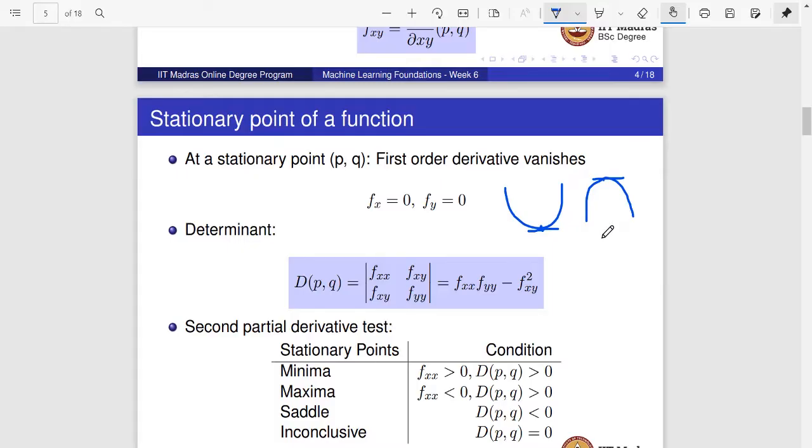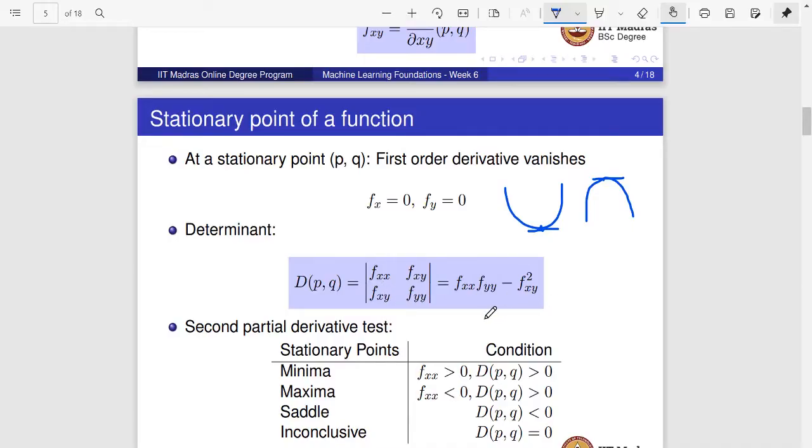For a function in higher dimensions, suppose we are talking about two dimensions, then we consider the determinant D, which is the determinant of the second order partial derivatives with respect to x, y, and xy.